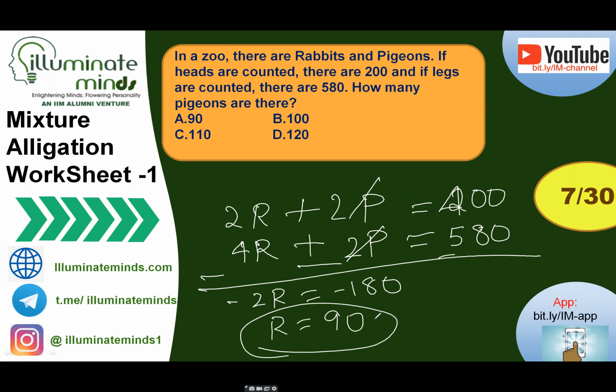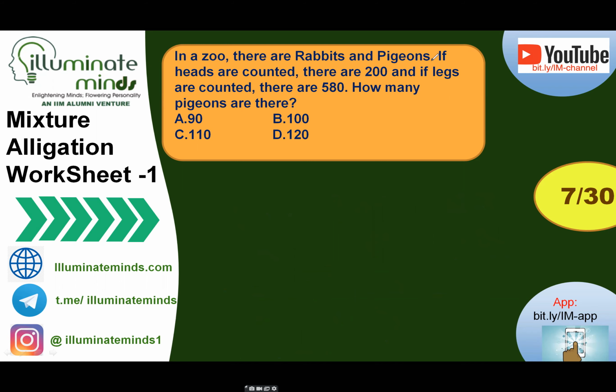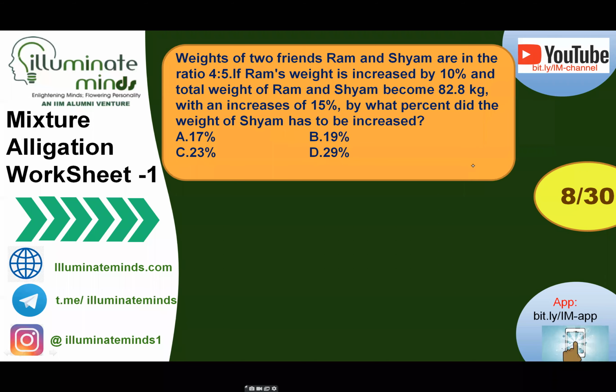R is 90, and R plus P was originally equal to 200. So the number of P will be 120. So the number of pigeons is 120. Option D is the correct one. I hope it's okay, guys. Is this okay? So let's move to the next one.